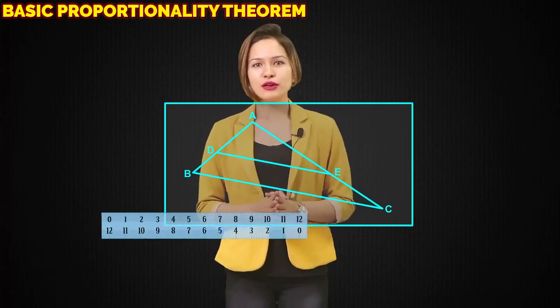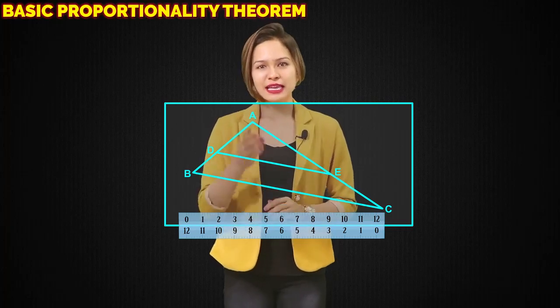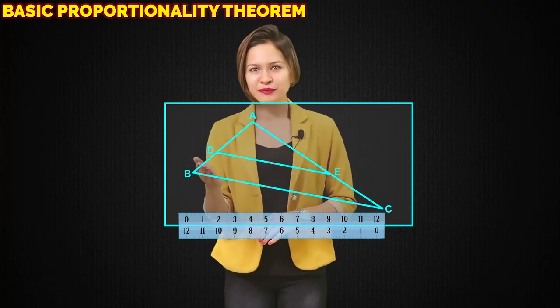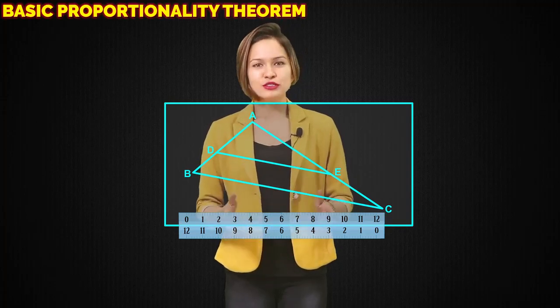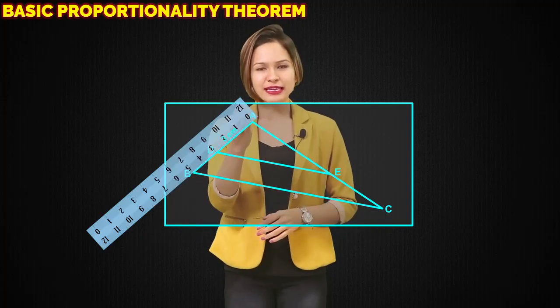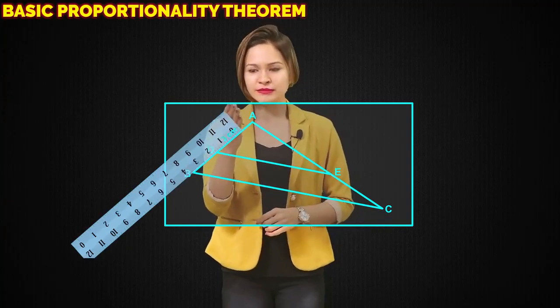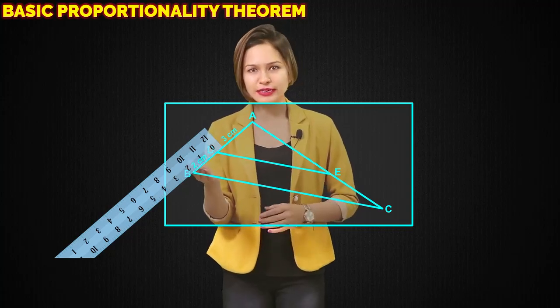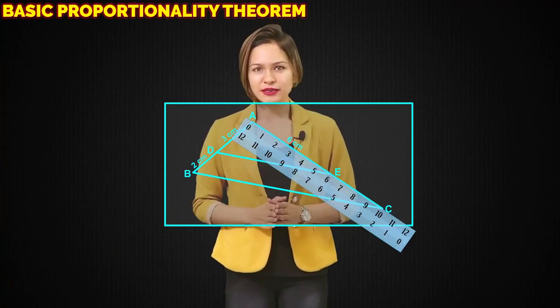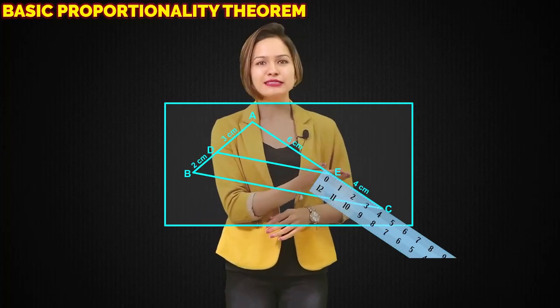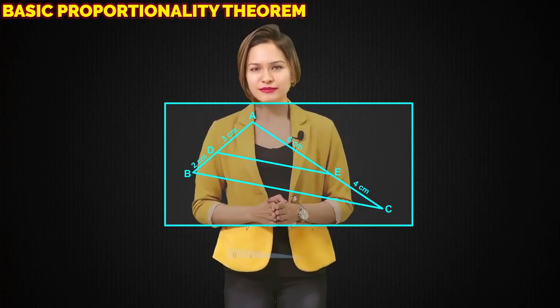Now, using a ruler, let's measure the sides AD, DB, AE and EC. So, we have AD is equal to 3 cm, DB is equal to 2 cm, AE is equal to 6 cm and EC is equal to 4 cm.